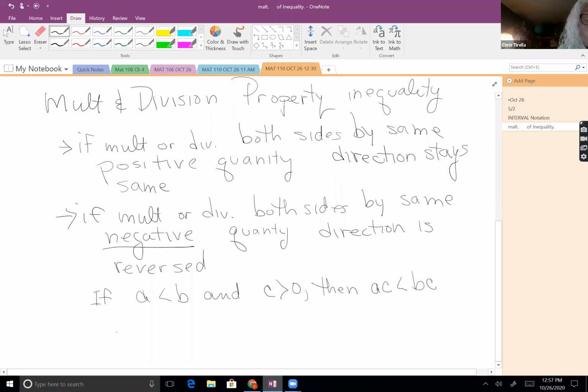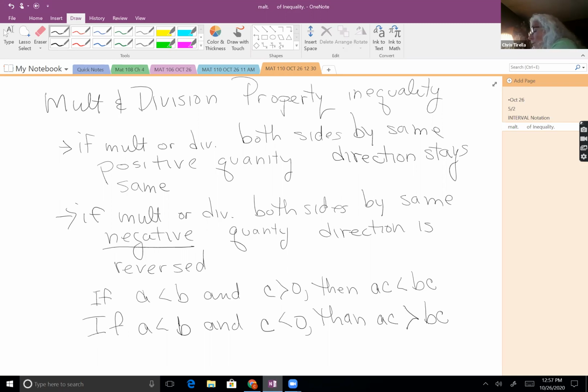But if A is less than B and C negative would be less than 0, then AC would be greater than BC. If I multiply or divide by a positive, it stays the same. If I multiply or divide by a negative, it's reversed.